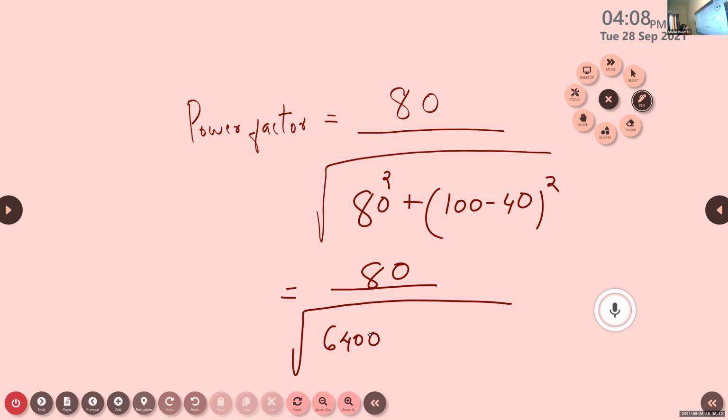Then I just check whether it is right or wrong. 80 divided by root of 6,400 plus VL minus VC the whole square, that is 60 square, which means 3,600. So 80 divided by root of 6,400 plus 3,600.